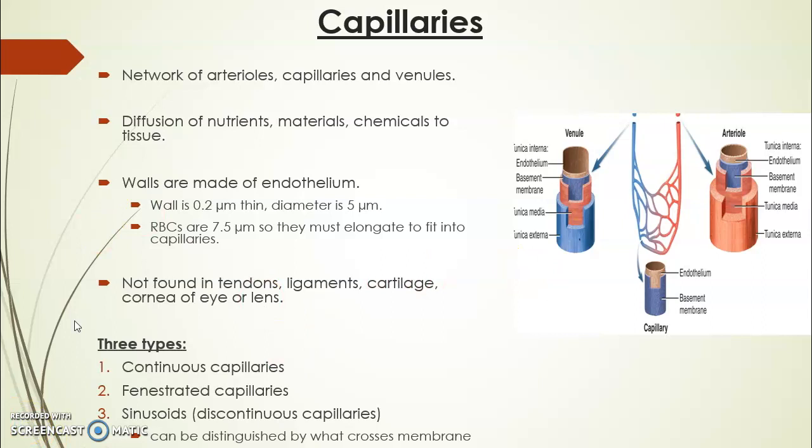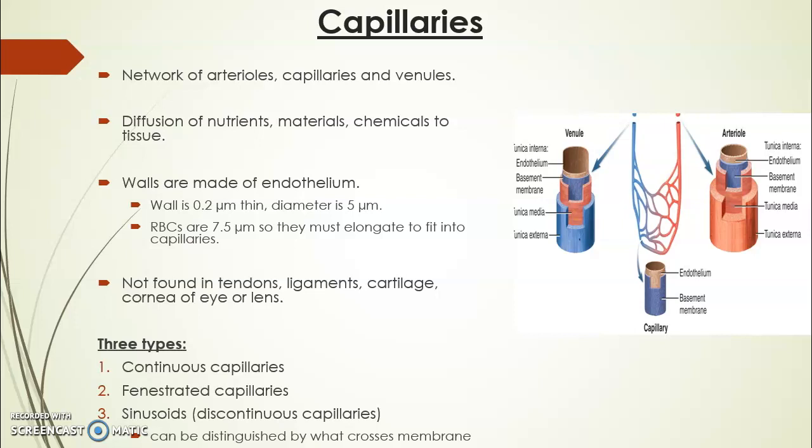Now, if you recall, when we were looking at the blood chapter, we talked about the size and the diameter of a red blood cell, which is approximately 7.5 micrometers. And if we look at capillary size, the diameter of a capillary is about 5 micrometers.